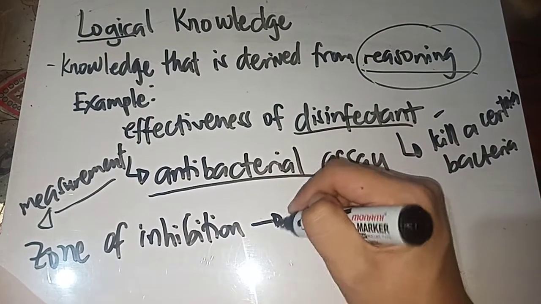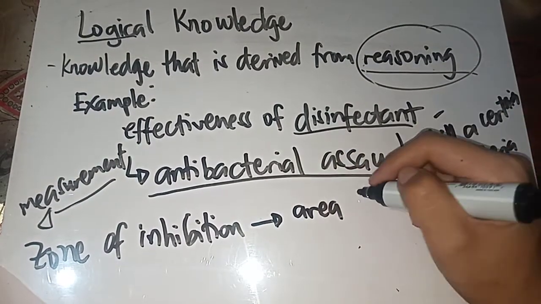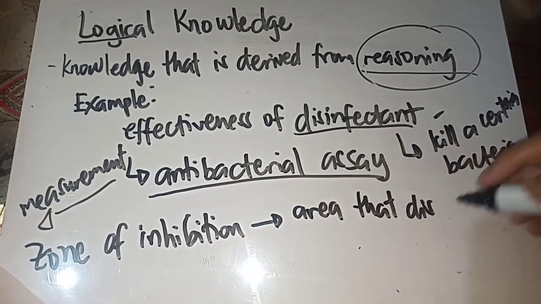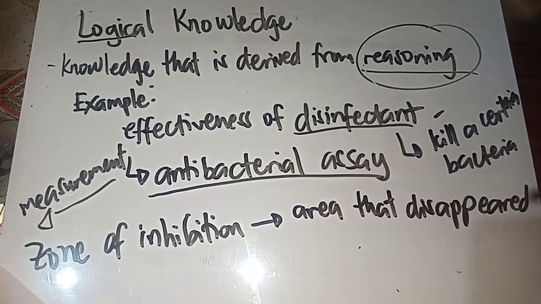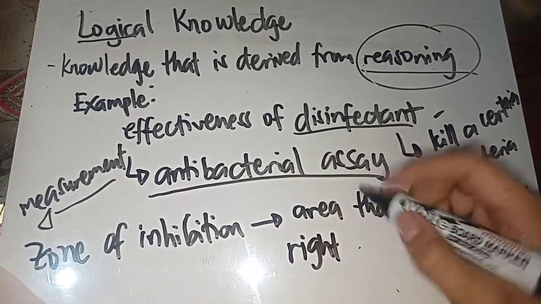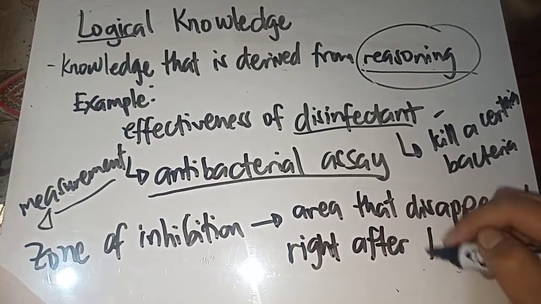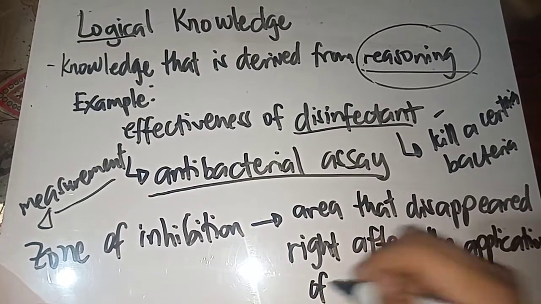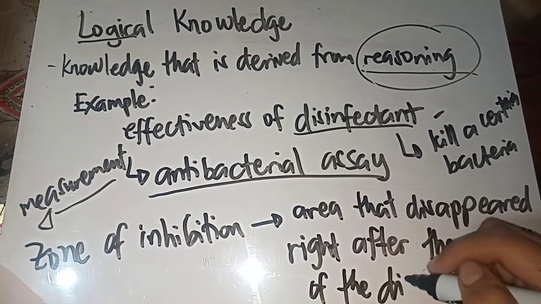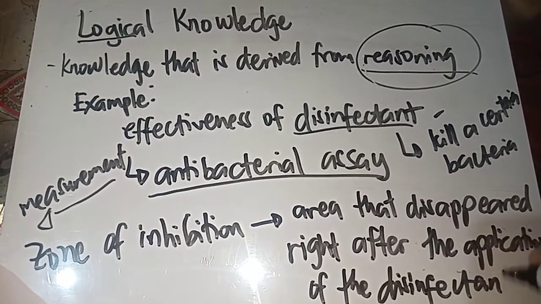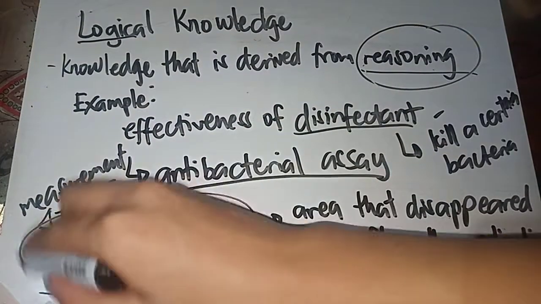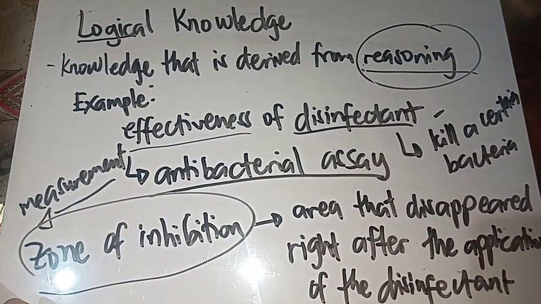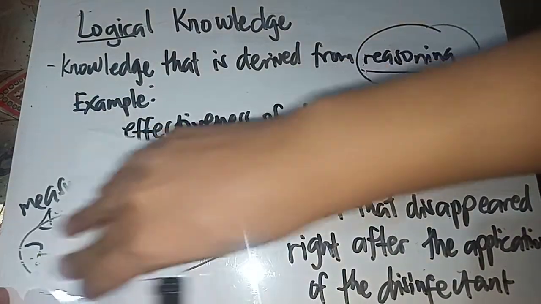The zone of inhibition is the area that disappeared right after the application of the disinfectant. Okay, meaning to say, the zone of inhibition will determine the effectiveness of a certain disinfectant. So, try to copy this concept so we can now proceed.